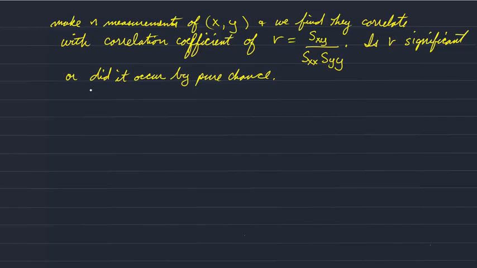The way we do that is our knowledge of the situation in which x and y do not correlate, or they are independent.